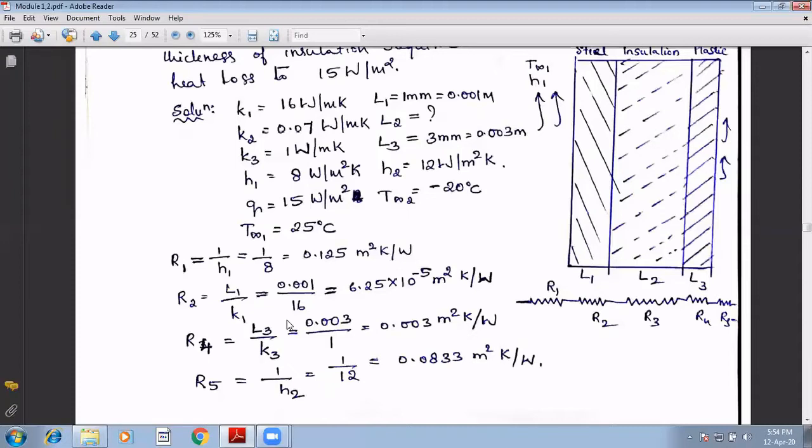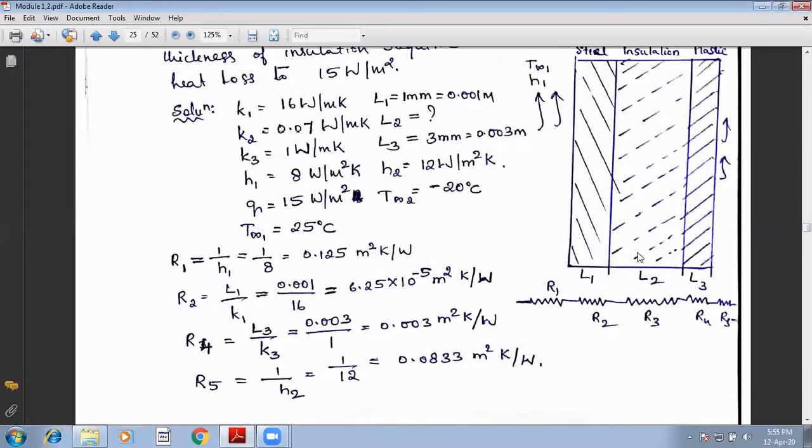Similarly, R4 is L3 divided by K3 into 1. K3 is 1, so it will be 0.003. R5 is 1 over H2, this is 0.0833. Now we need to calculate this width. What is the thickness at this point?